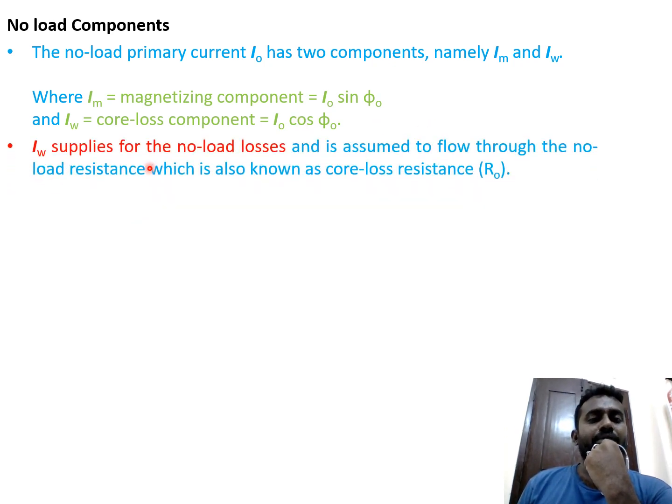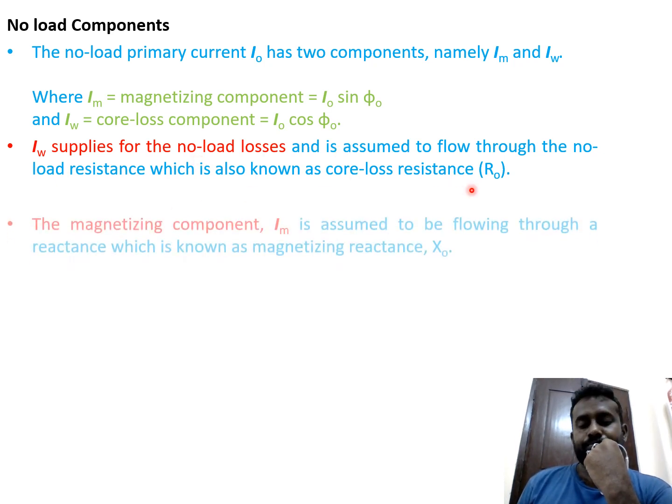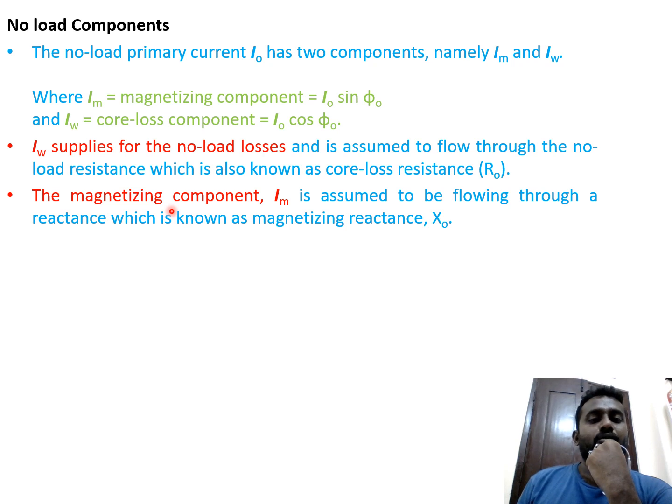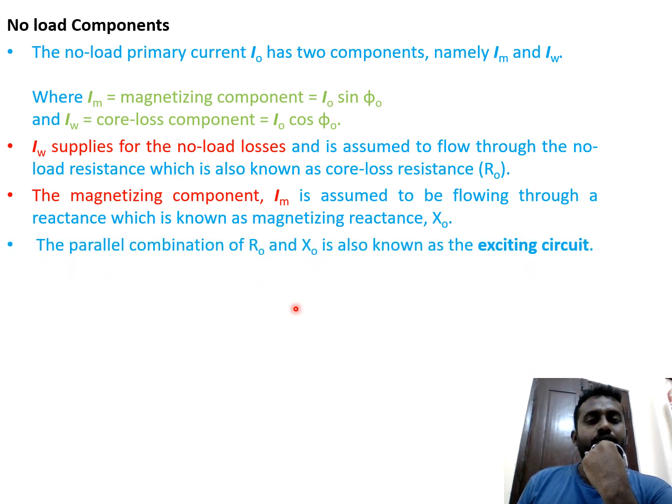Now Iw supplies the no load losses, that is the core loss resistance R naught, and the magnetizing component is assumed to flow through a reactance, which is the magnetizing reactance X0. So R0 and X0 are the no load components, which are connected in parallel. The combination of R0 and X0 is called the exciting circuit, a parallel combination.